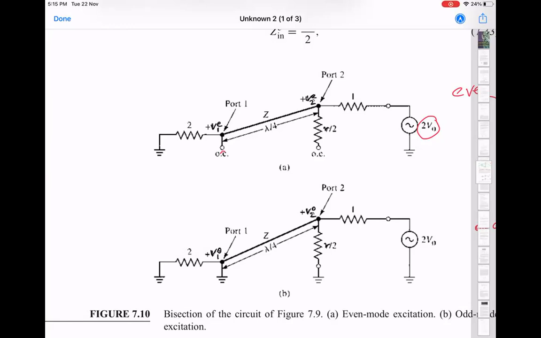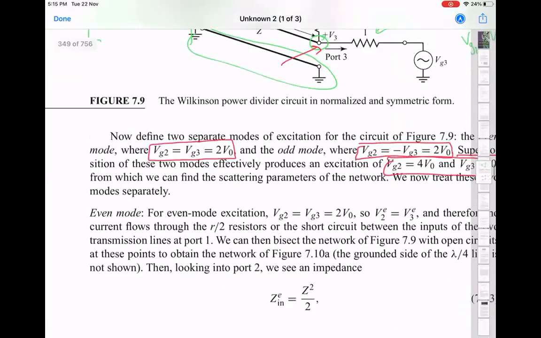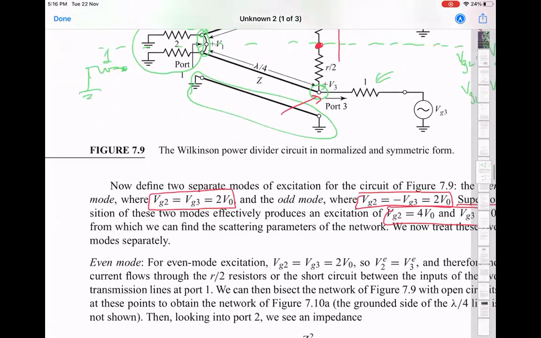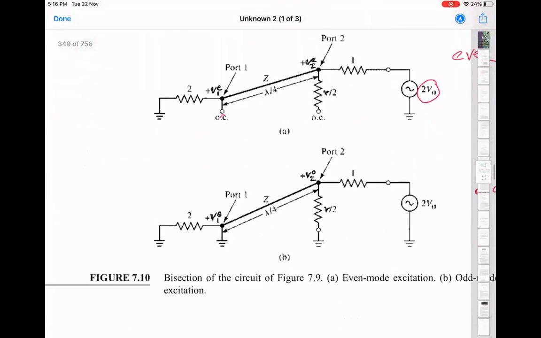You see that because the two sides are always going to have equal and opposite voltages. So when you come back to this common point, they will cancel each other out. One path will give you a positive signal, the other path will give you a negative signal. So when you come back to port 1, it will become 0. So that's why they have also connected this to a short here.